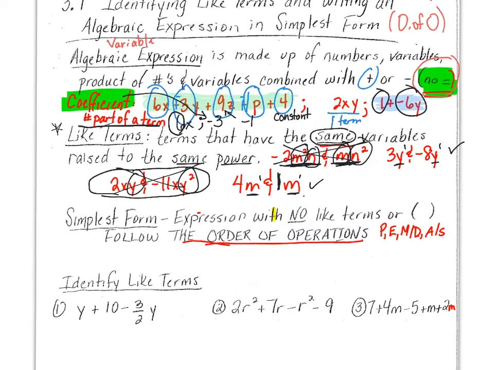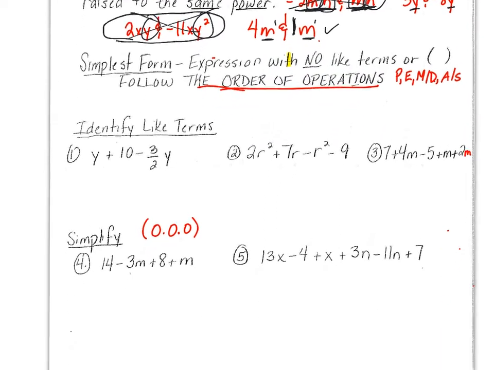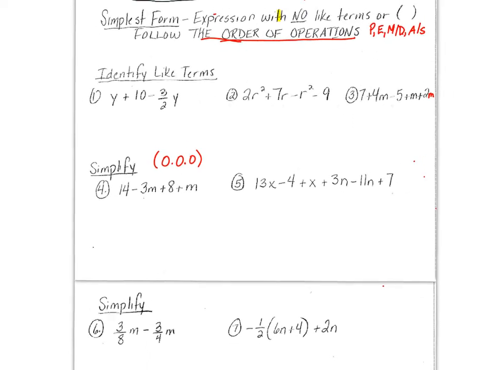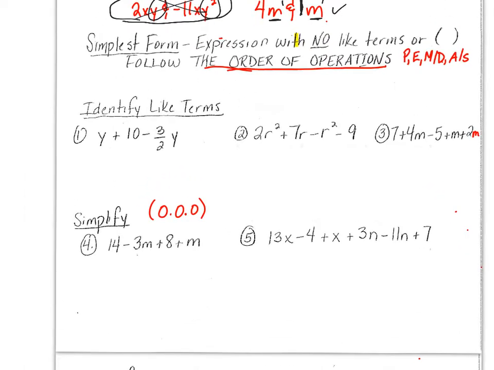Simplest form means that there are no like terms that you can combine anymore, and you can't do anything according to the order of operations. Okay, it says identify like terms. I'm always going to keep, change, opposite first when needed.